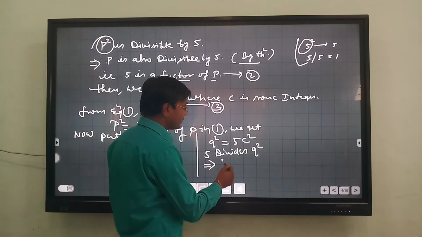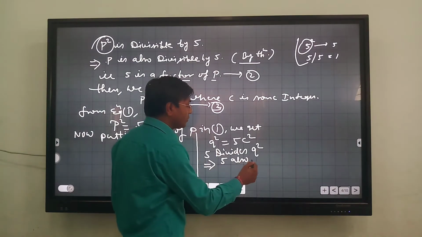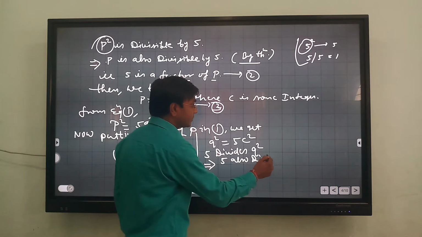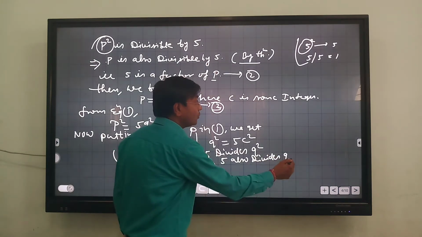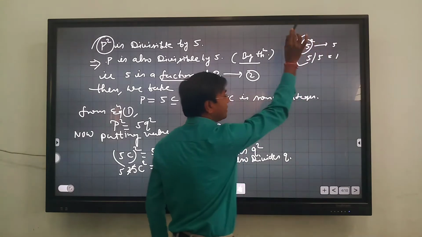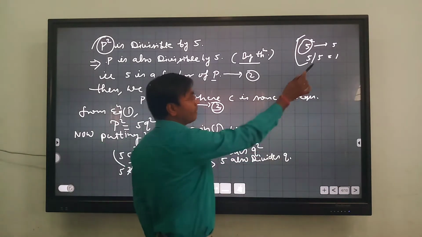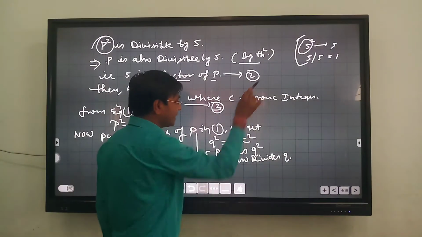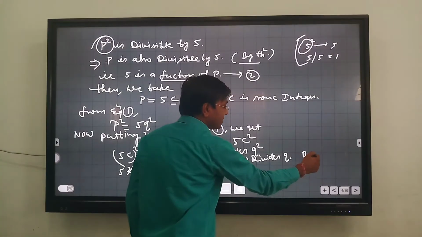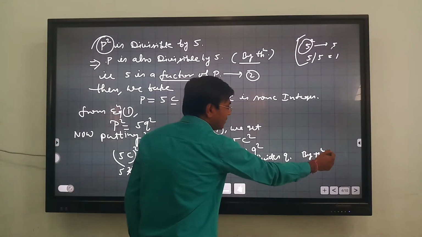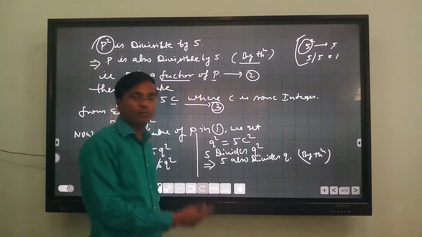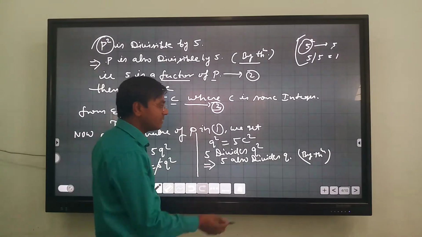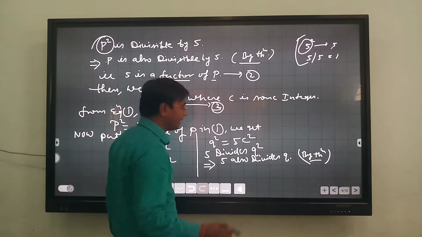This implies 5 also divides q, as we already discussed here. If a prime number divides a square, then it also divides the number. So using this fact, and this fact is already proved in the theorem, so the derivation of theorem 1.2 is not in your syllabus, so you have to write only by theorem.